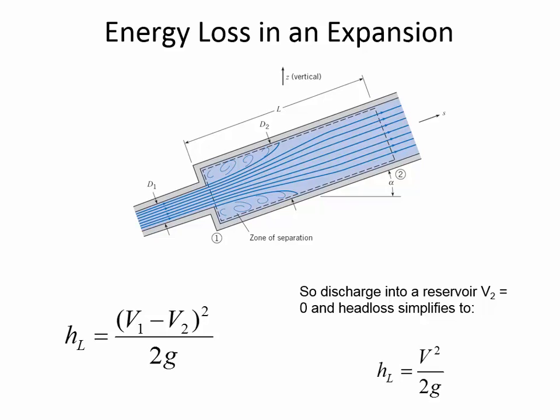So as the equation says there on the screen, the head loss can be calculated as a function of the difference in the velocities. And in the handout I've given you today, turn to the second page of the handout where there's K values, typical K values.